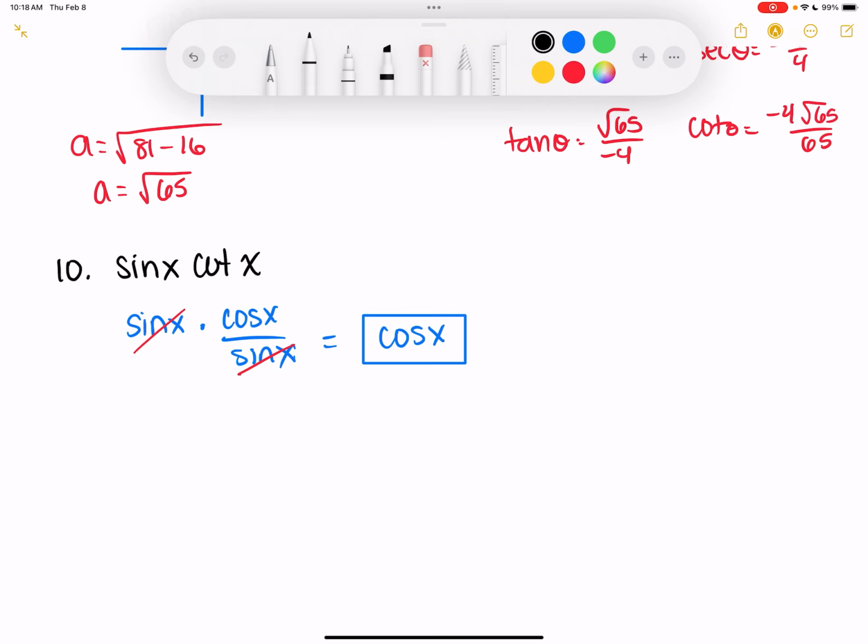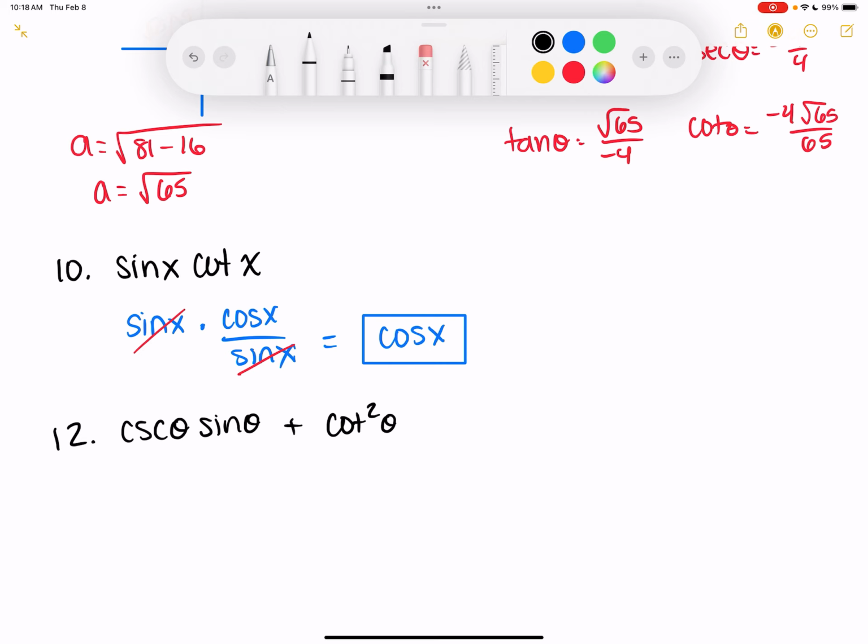All right, 12. Cosecant of theta times the sine of theta plus cotangent squared of theta. So what's something I can rewrite here? Cosecant.